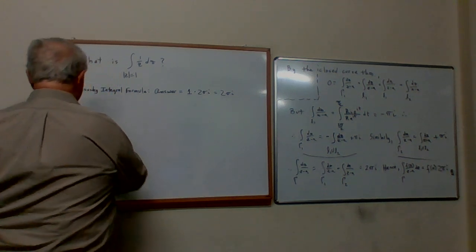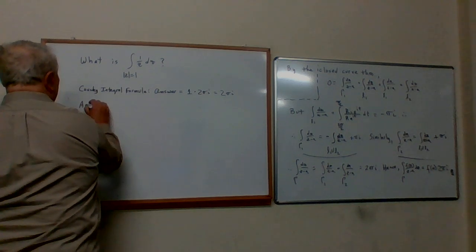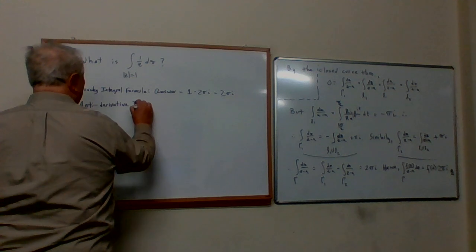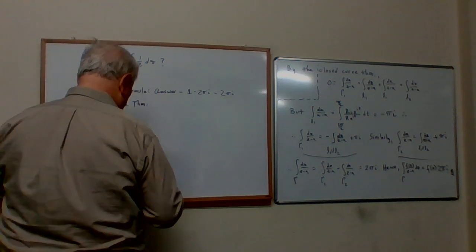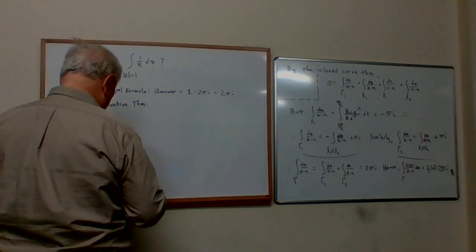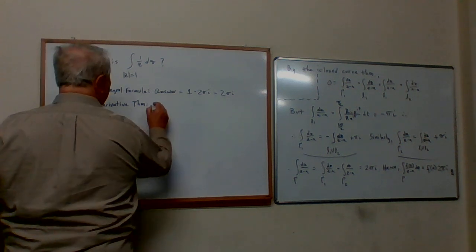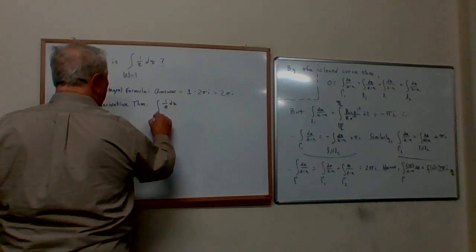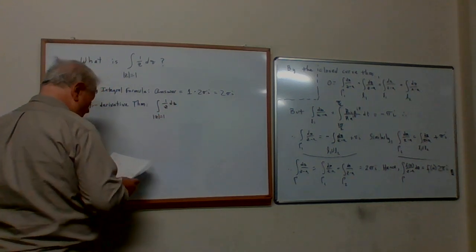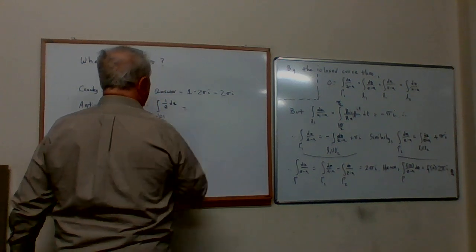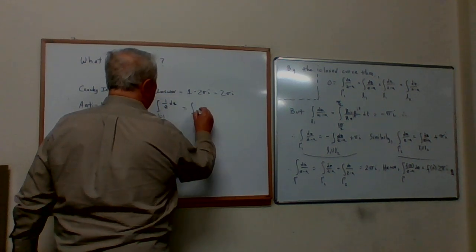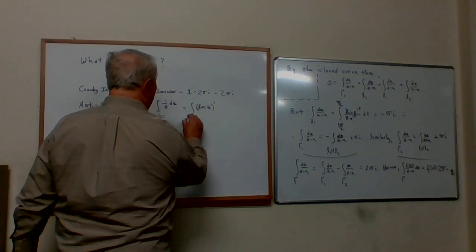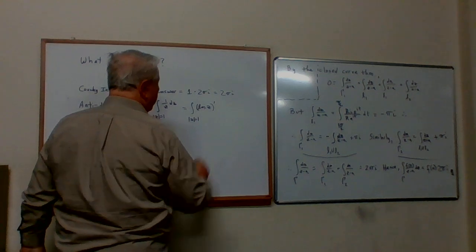Let's suppose that I use the antiderivative theorem. Well, then the integral of 1 over z dz over the unit circle is equal to the integral of the derivative of the natural log over there.